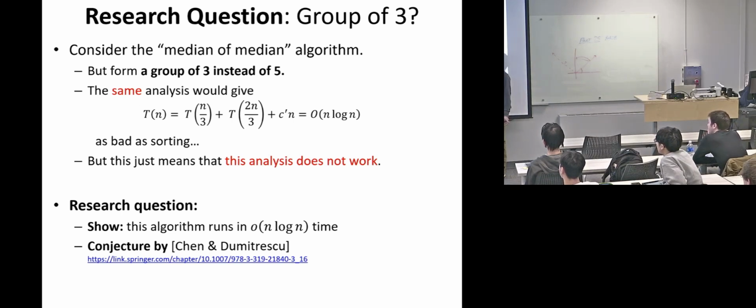It's actually open what the truth is, and you can, for example, just run the experiment and see what happens. It's still open until now, and you can look at this paper if you are interested. All right. Questions?